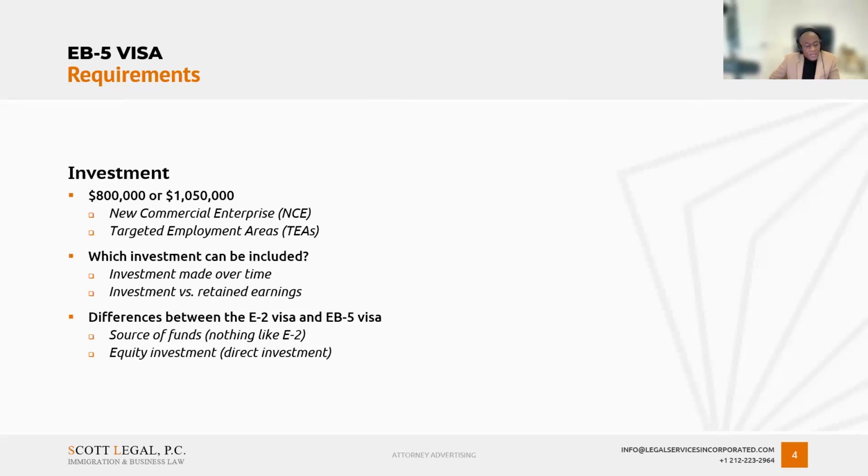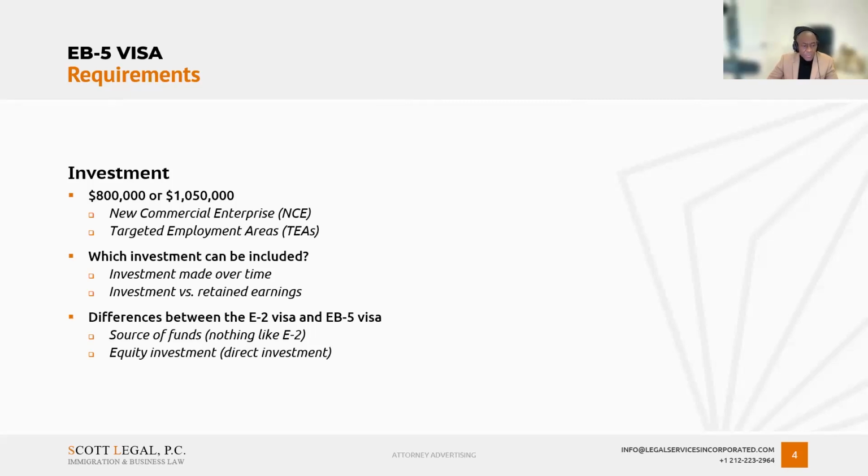The final thing on this slide is that the investment does have to be an equity investment. It can be a limited partnership unit, a membership unit, or a share, but it can't be a loan. And there can be no guarantee of return. I've said earlier that this is an investment just like any other investment, so there has to be a risk of loss.